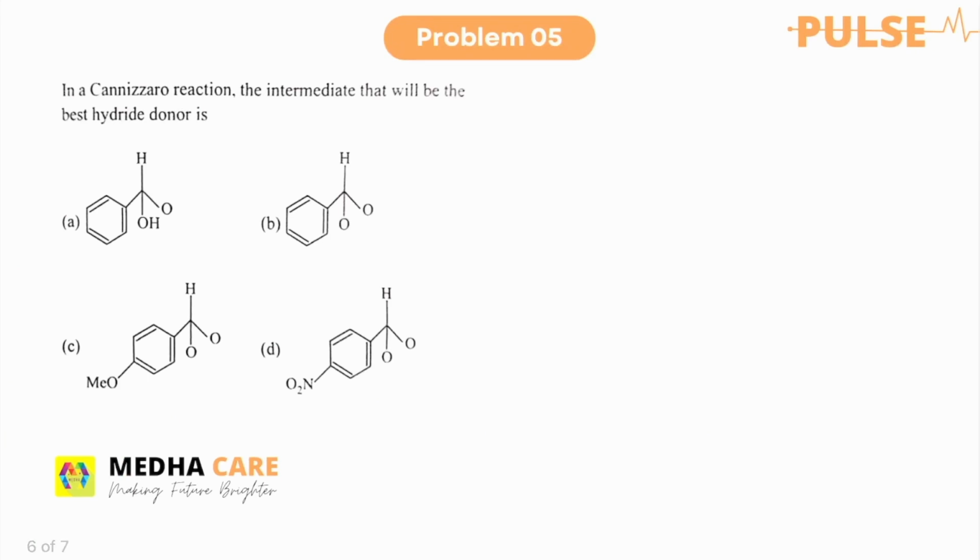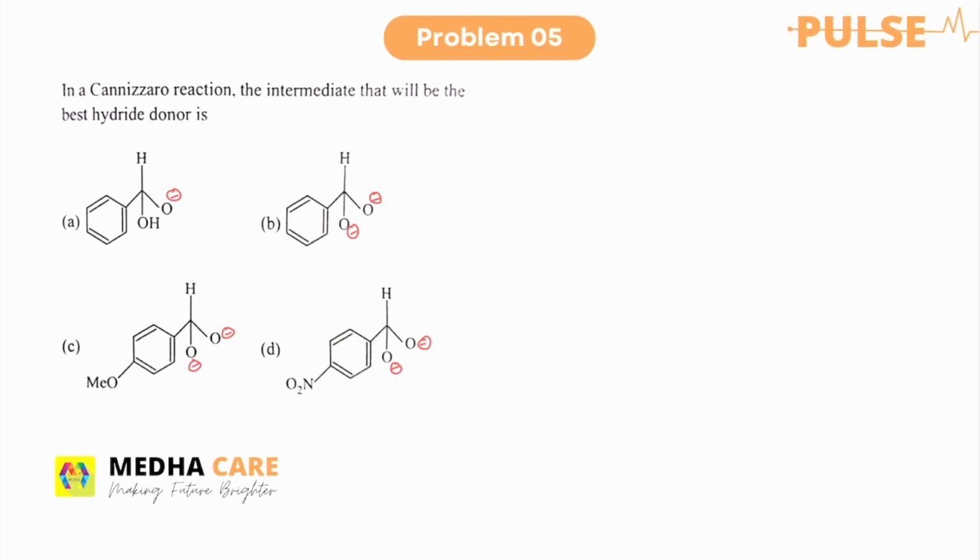The last problem we have, in Cannizzaro reaction, the intermediate that will be the best hydride donor. So here we have negative charges. So in this question, you have to think about that. If any molecule is a hydride donor, that means the electron density of that molecule should be higher.